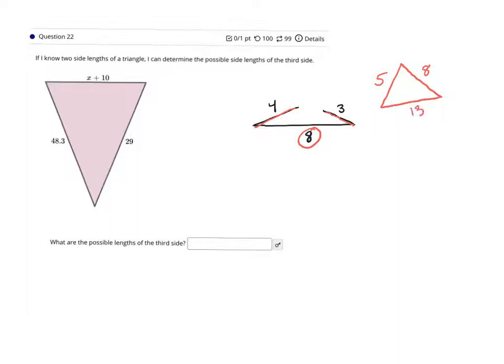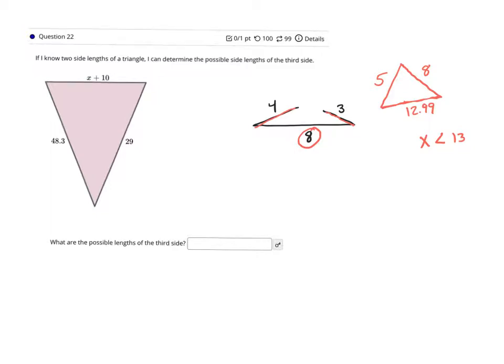If it was exactly 13, then it would just be like 5 down here and 8 over here, so that would add up to 13, and it would lie on a straight line. So anything less than that would work. So instead of being 13, which it can't be exactly 13, it could be, say, 12.9 or 12.99. So anything less than 13. So I'm going to start off by saying the side x could be less than 13.